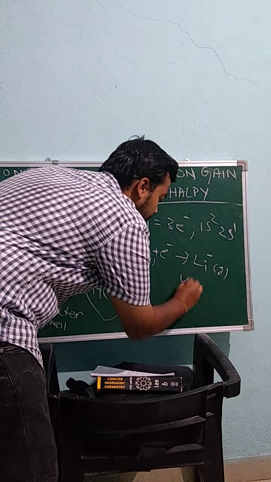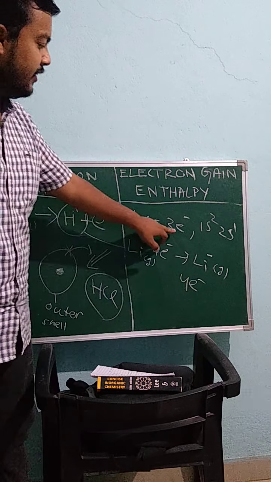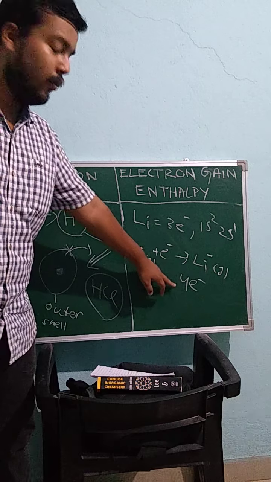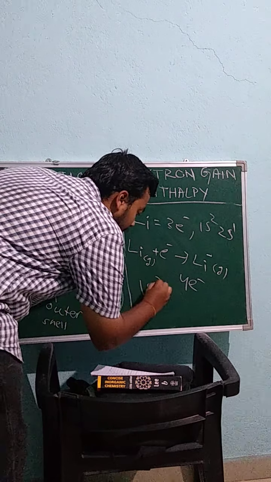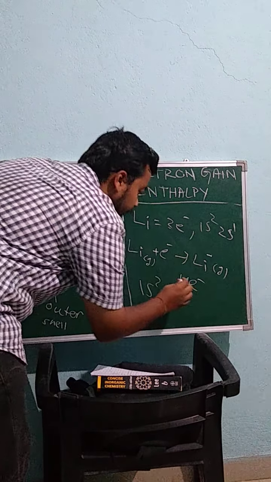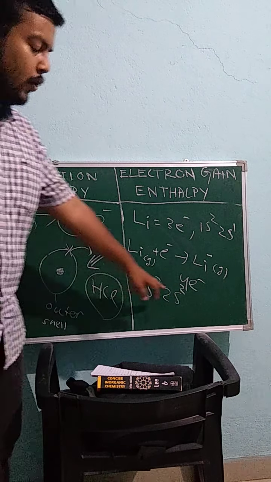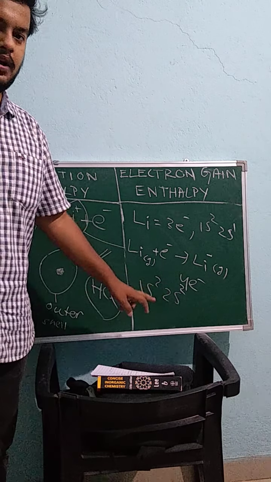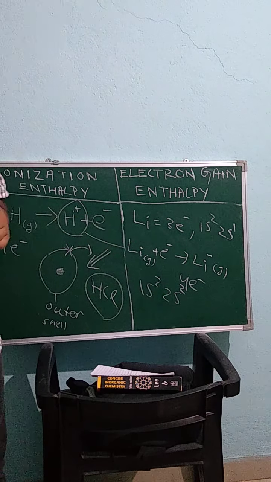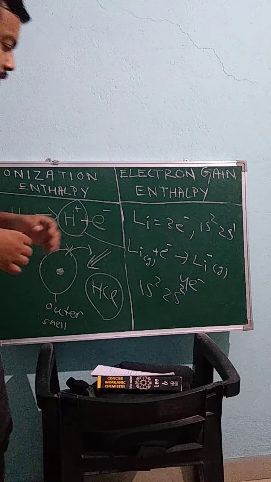So there will be 4 electrons now, because there were 3 electrons and we gave 1 electron. So the electronic configuration will be 1s2, 2s2. Now there are 2 electrons in the outer shell, but this is an unstable condition for lithium because it is not fulfilling the octet rule.